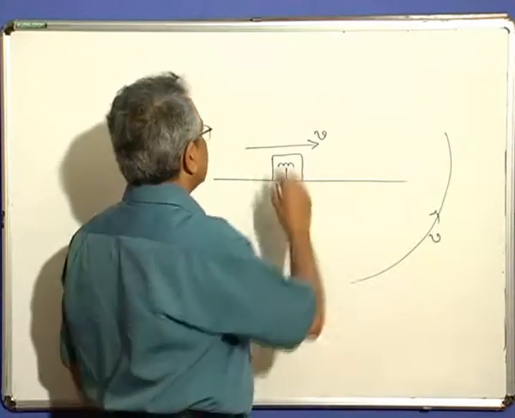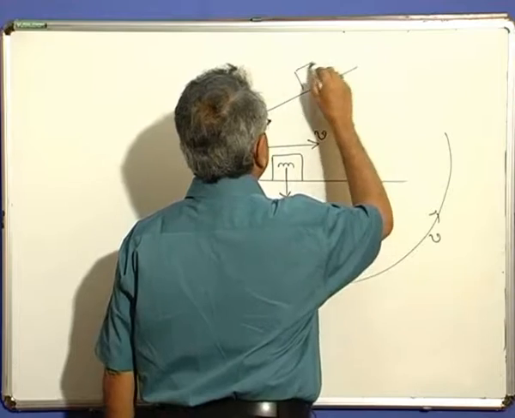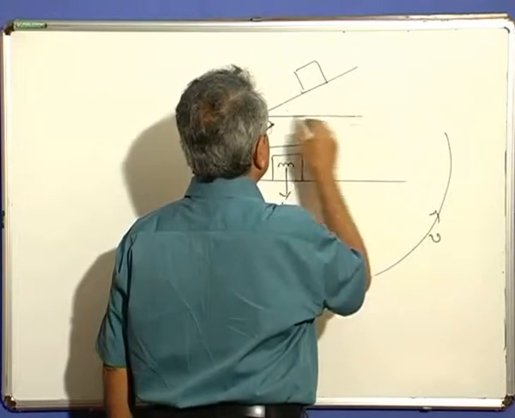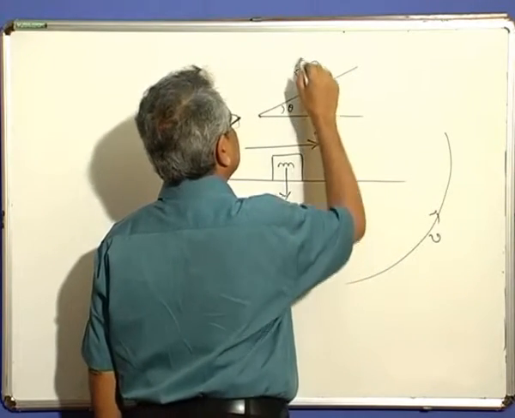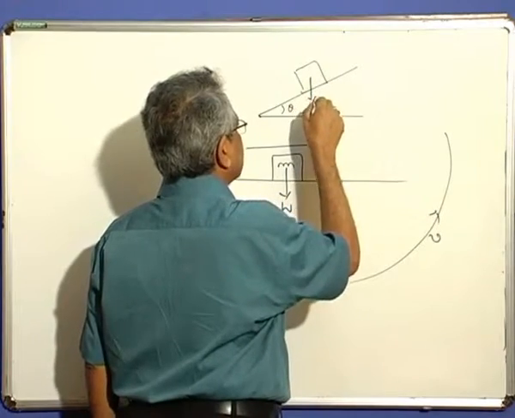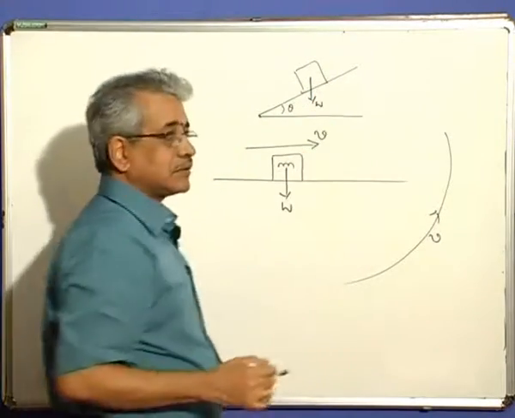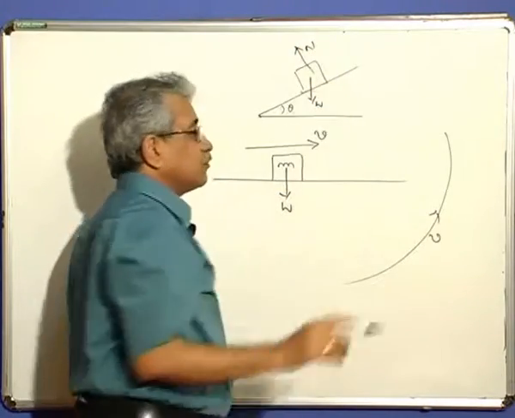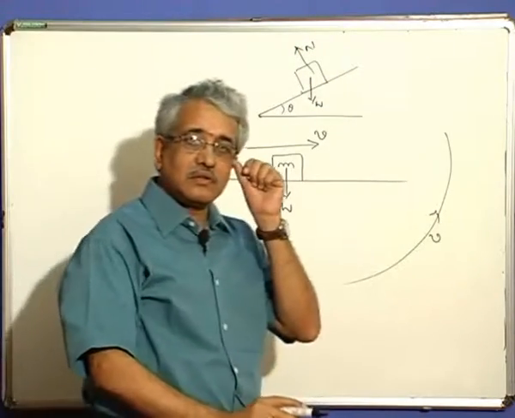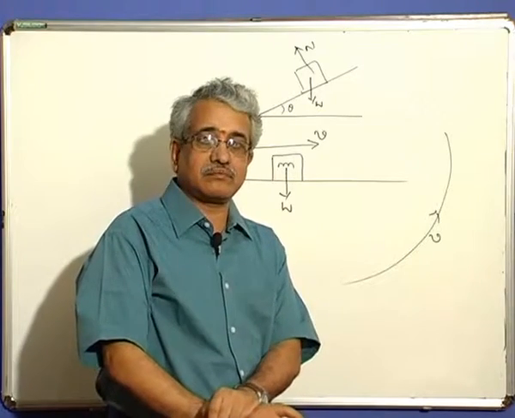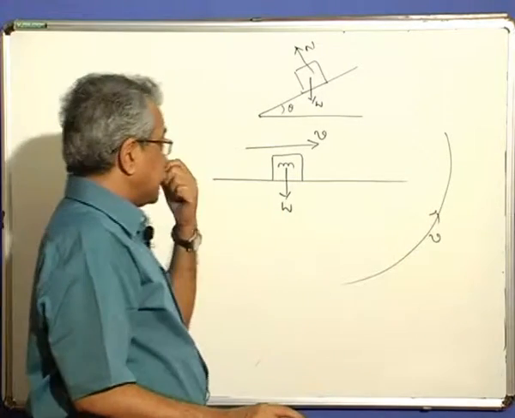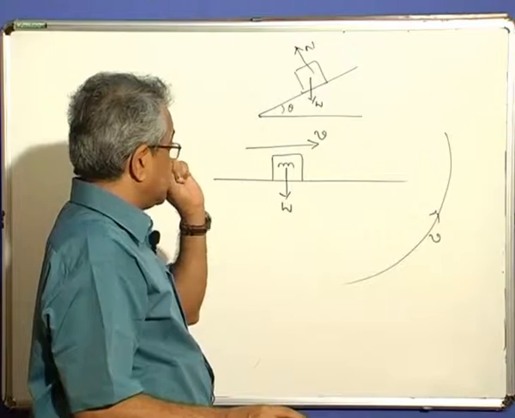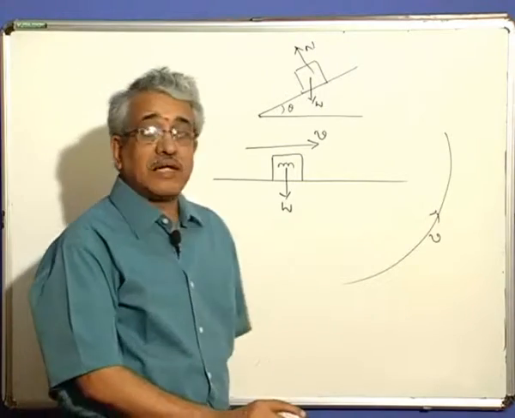I was telling the example on an inclined plane. The body is kept on the surface of the inclined plane like that, with an angle theta, suppose here. Here the weight acts vertically downwards, just like this. The body has a normal reaction force acting at right angles to the plane of contact. So what happens to the body now?